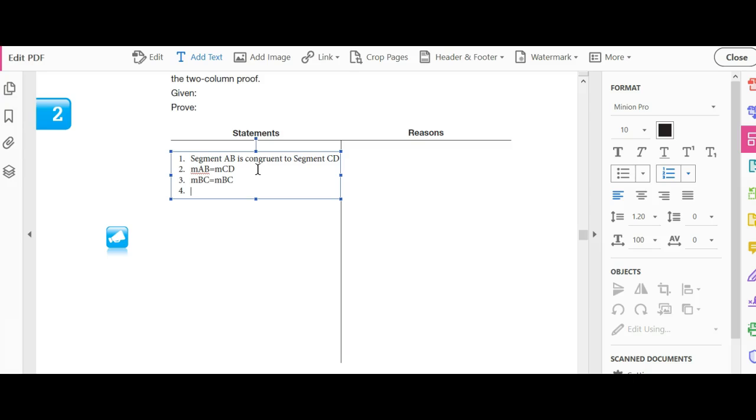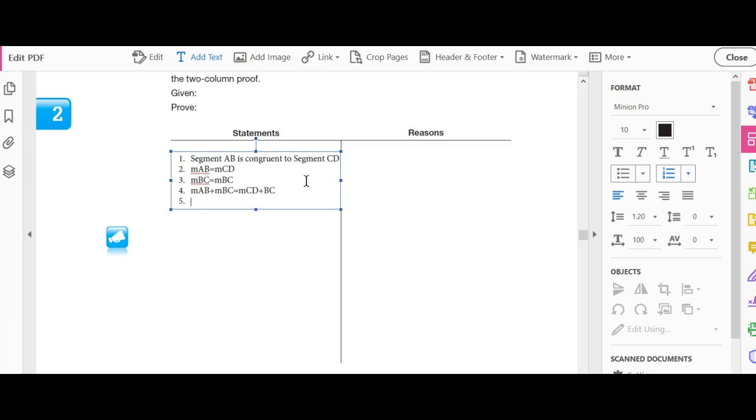And then we said that the measure of AB plus the measure of BC was equal to the measure of CD plus the measure of BC. So these two are equal to each other. This is equal to itself, right? And now we're adding that to each side of that statement, right?